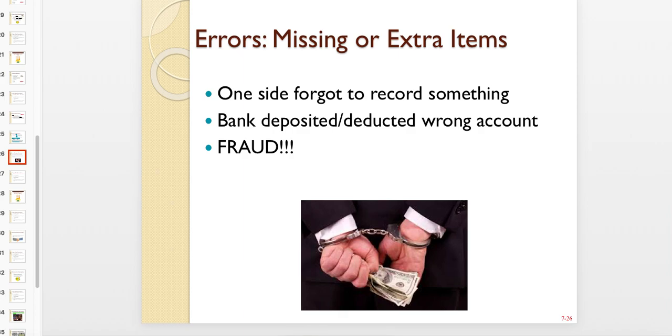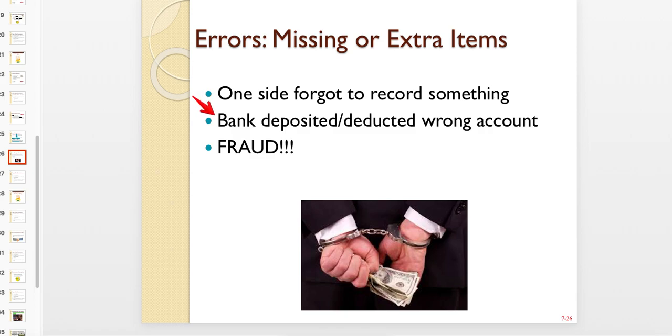But it could be that a check could be entirely missing, or there could be an extra item on there that you didn't know. So if something is missing, it could be simply that one side forgot to record something. Okay, we're all human, we make mistakes. Maybe the bank forgot to record something, maybe the books forgot to record something. Okay, it's not an intentional error, it's just, oops, I made a mistake.